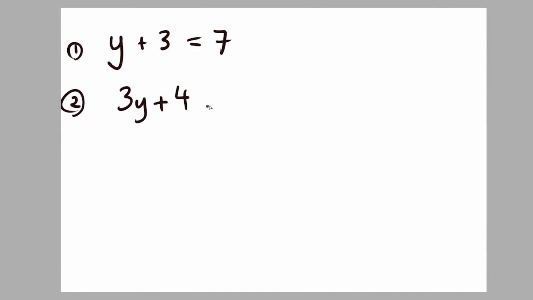Okay, so let's start off. I'm going to use y instead for your homework. Okay, so y plus 3 equals 7. There's number 1. Okay, I'm going to have 3y plus 4 equals y plus 1. I'm going to have 6 minus y equals minus 2y.